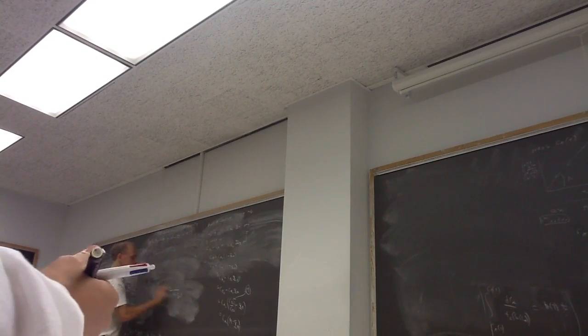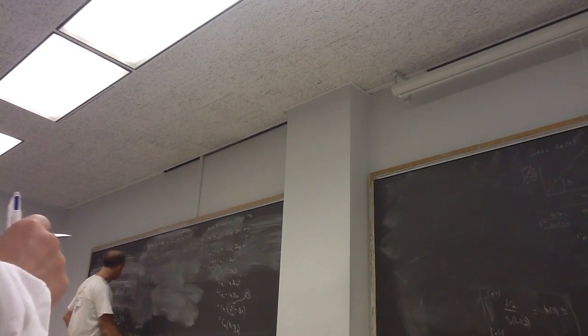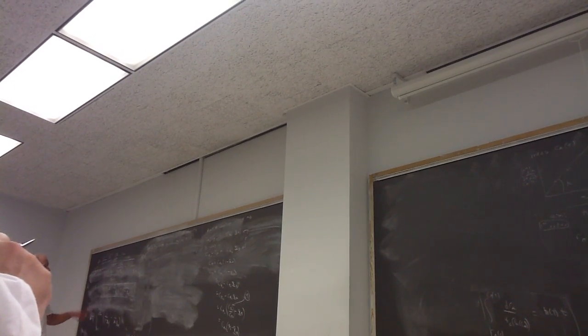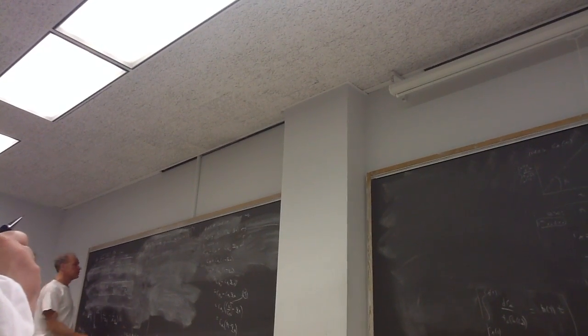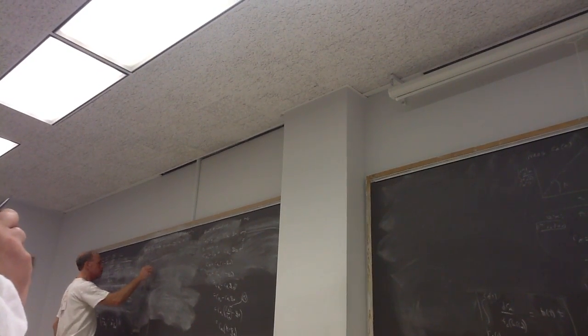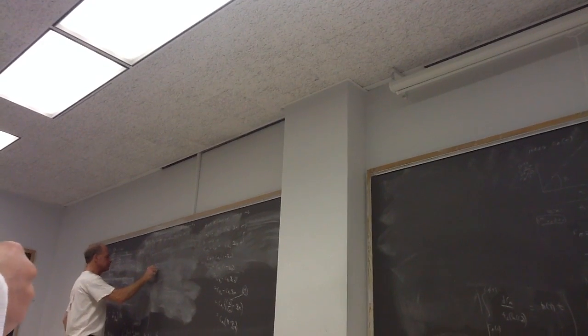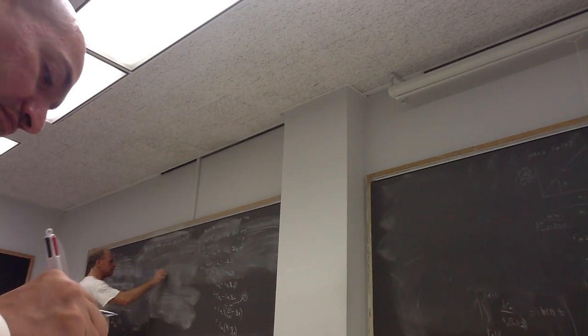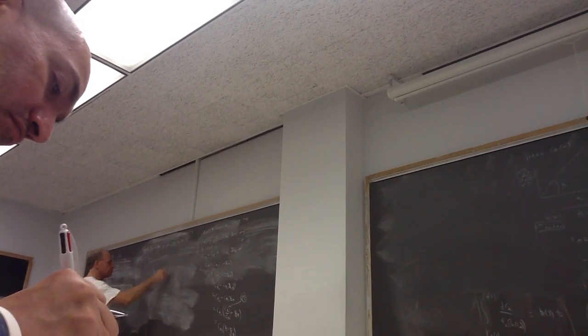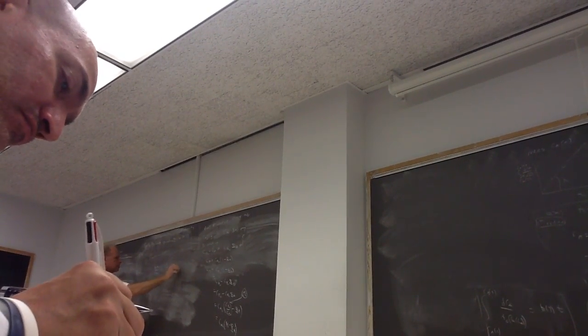You're multiplying or dividing? I divided both sides by CA 0. That gives me KT over CA 0 is equal to 1 over CA of 0 minus 1 over CA of t.